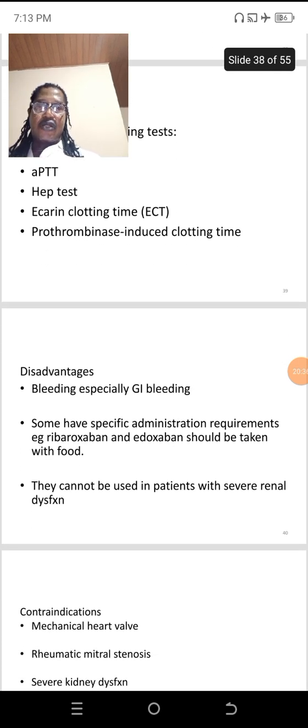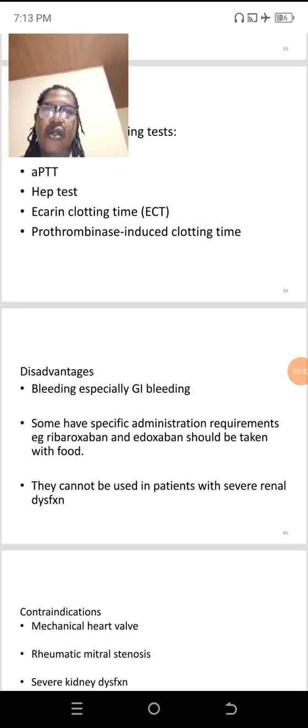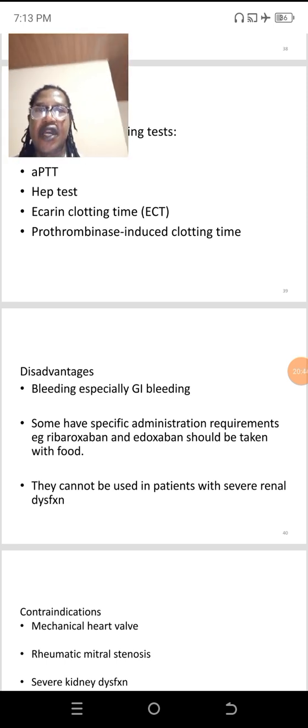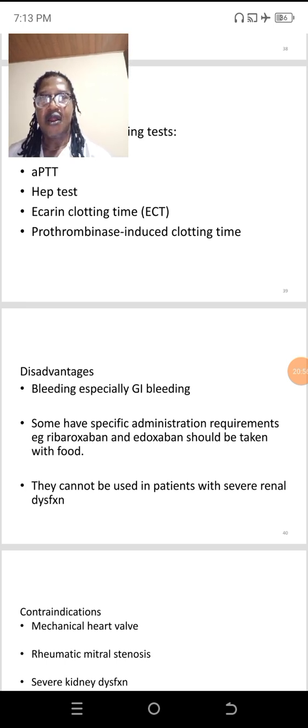Of course, as with every other drug, it also has toxic effects, and these toxic effects include bleeding, especially gastrointestinal bleeding. Then, some have specific administration requirements.